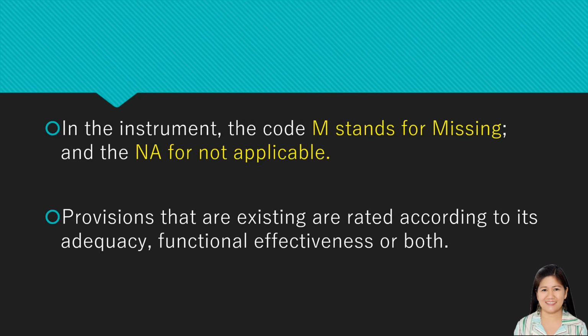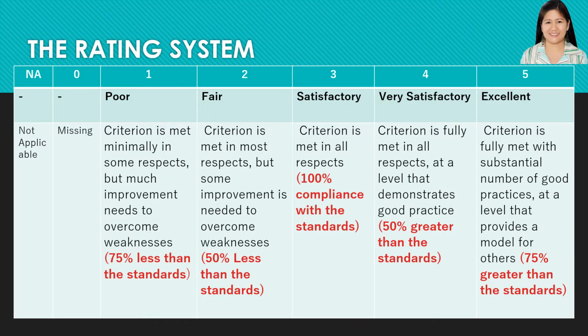Moreover, provisions that are existing are rated according to its adequacy, functional effectiveness, or both. Okay, so let us familiarize ourselves with the rating system. As I have said in the previous slide, NA stands for not applicable and 0 means missing.